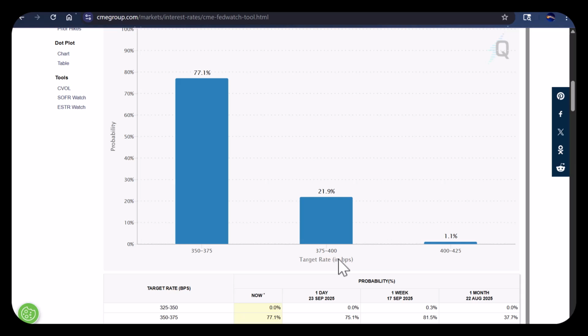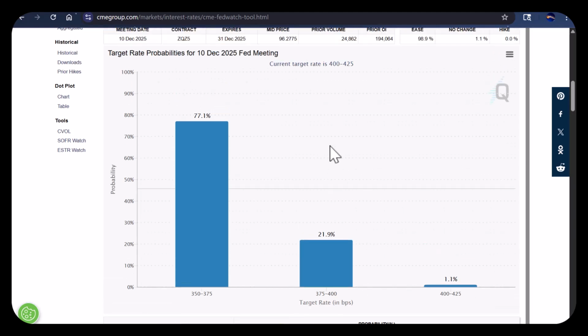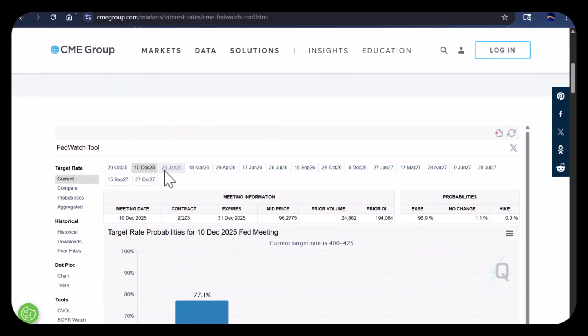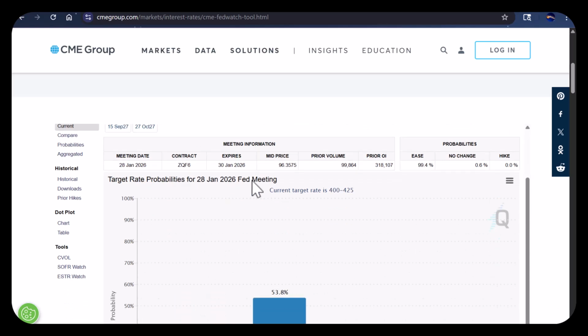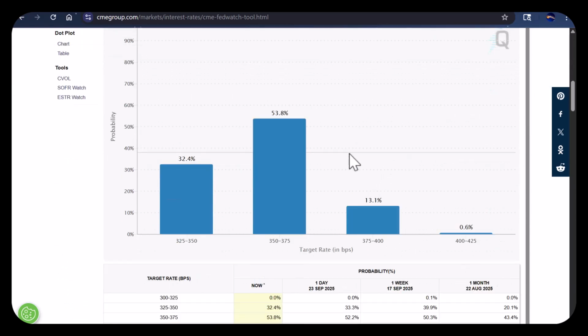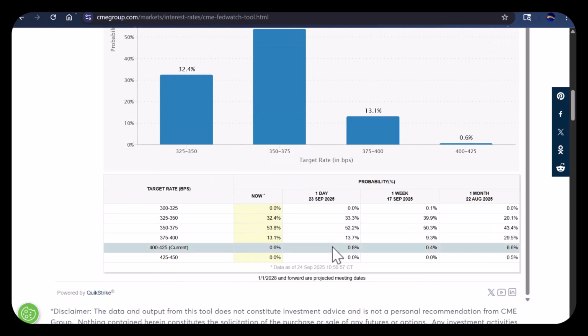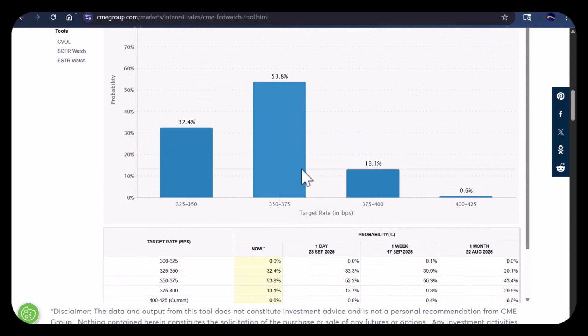I call this reading the tea leaves. For example, the meeting after that is end of January. It's more of a distribution. The chances of at least two is about 85%. The chances of all three is about one third.